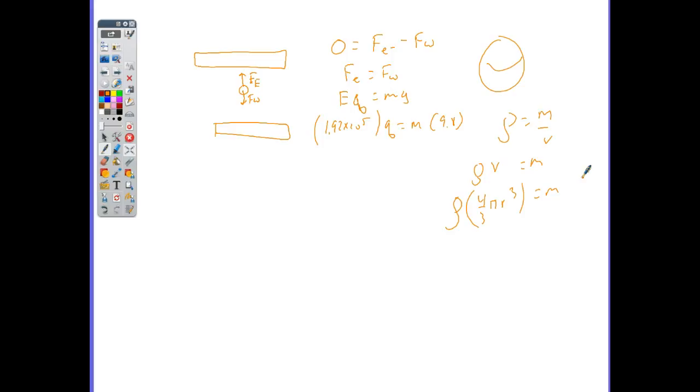Density. How do I convert the density, which is 0.851 grams per centimeter cubed, into useful units? We need kilograms, so we need to convert centimeters to meters. I have 100 centimeters is 1 meter, another 100 centimeters is 1 meter, and another 100 centimeters is a meter, and 1,000 grams is a kilogram.